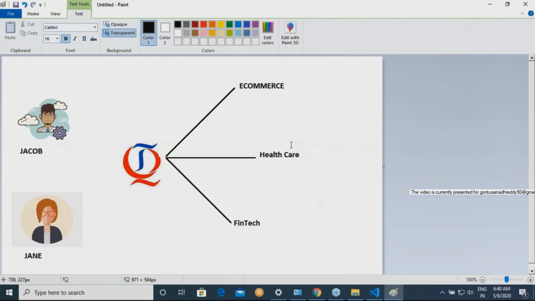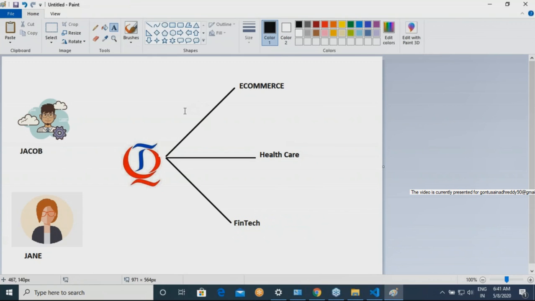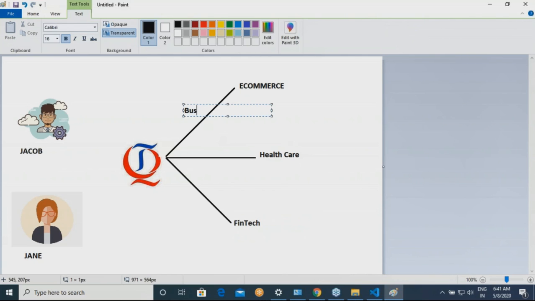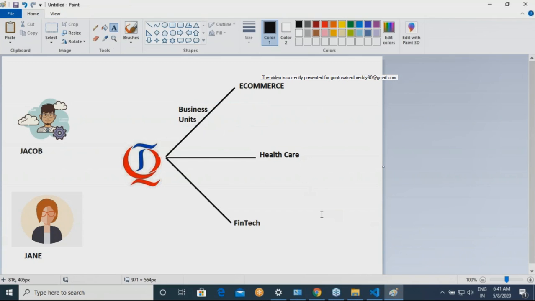So these are all the business units of your organization. Your organization is typically a service-based organization, and you have three major business units, and you try to work for the organizations who have software needs in these business areas. So in e-commerce, you might work for different e-commerce vendors. In healthcare, you might work with different healthcare vendors, and in fintech, you'll have different fintech vendors, right?